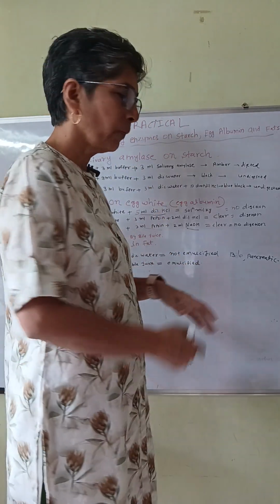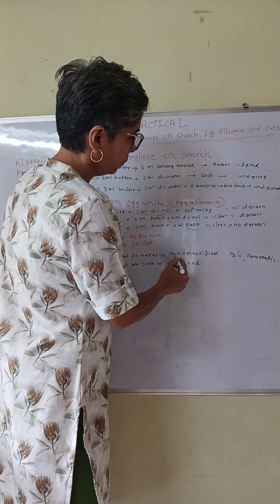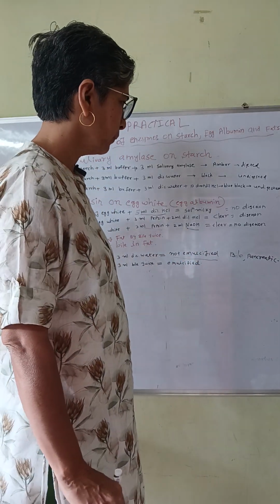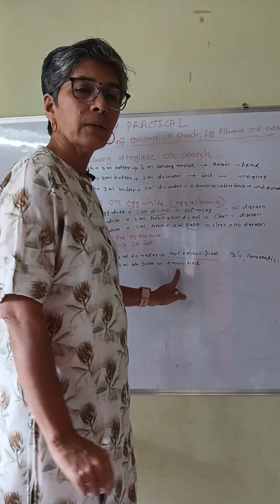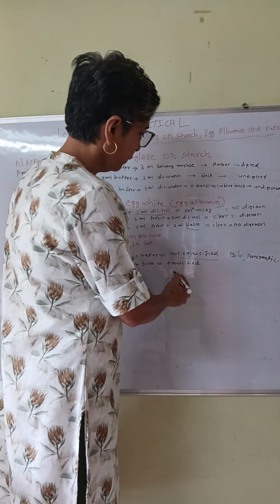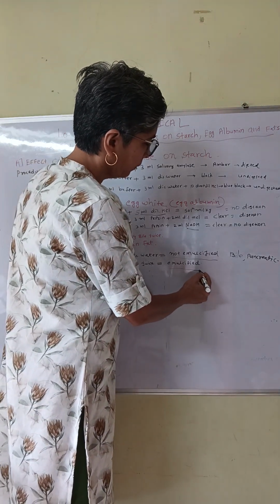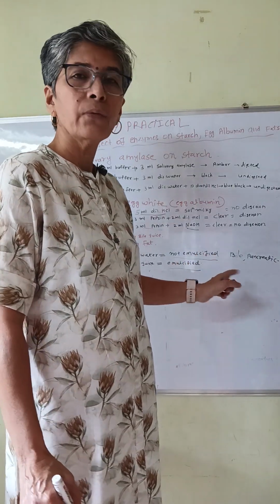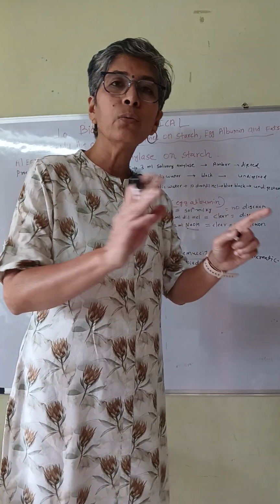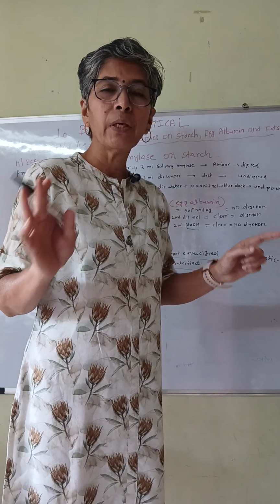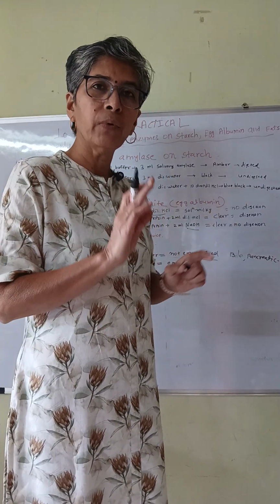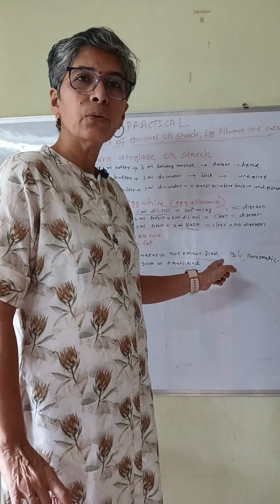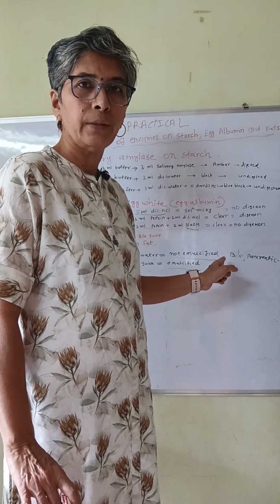In test tube number 1, there is no emulsification of oil. Okay. And in test tube number 2, emulsified fat is observed. In test tube number 1, we see there are two separate layers. One layer is of oil and one layer is of water. So, oil is not emulsified.